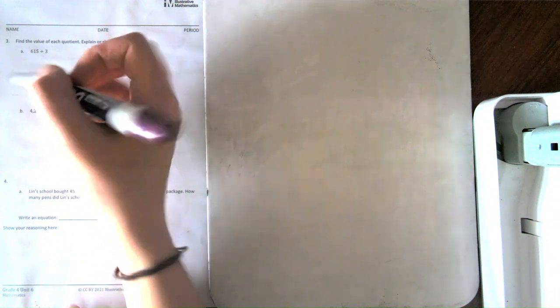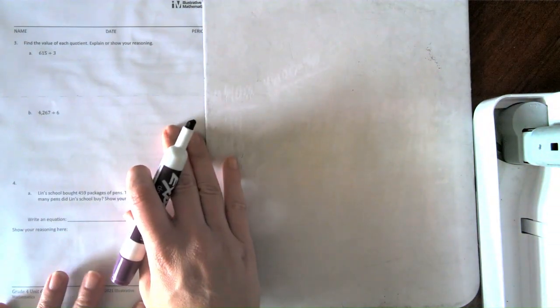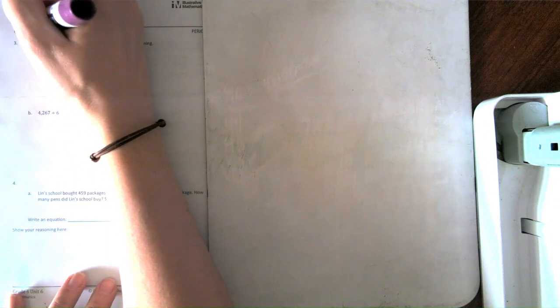I'm going to start in the same way that I started on the study guide itself, with the repeated subtraction. The very first thing we do every time, first things first, list multiples. This is so important. We cannot skip this step. It is the most important thing that we do when we're doing division.